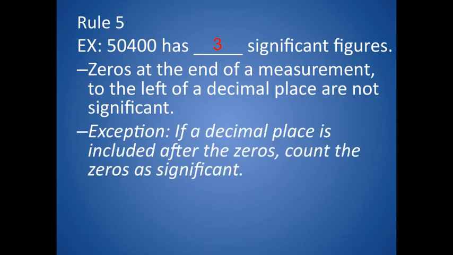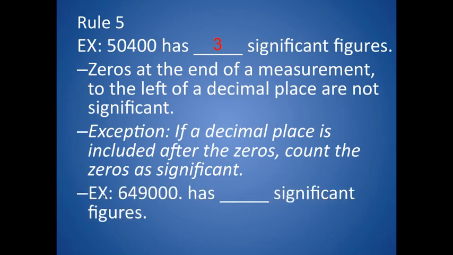Here's another example. Here's an exception coming up. And this is maybe a little bit annoying, but if a decimal place is included after the zeros, so see how there's nothing here? If there actually was a decimal point there, it makes the zeros significant. So notice the difference here. 649000 with a decimal place.